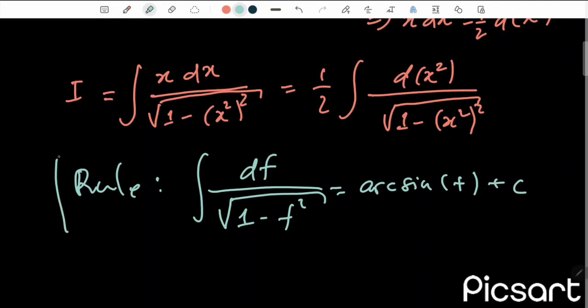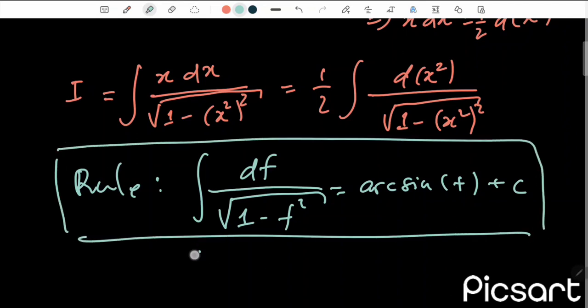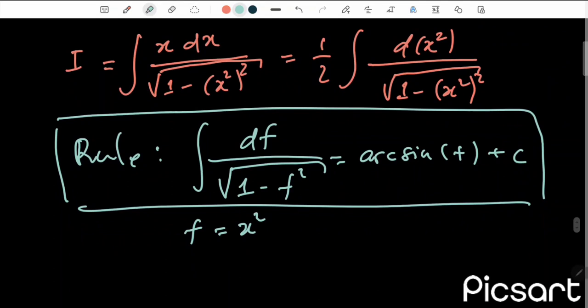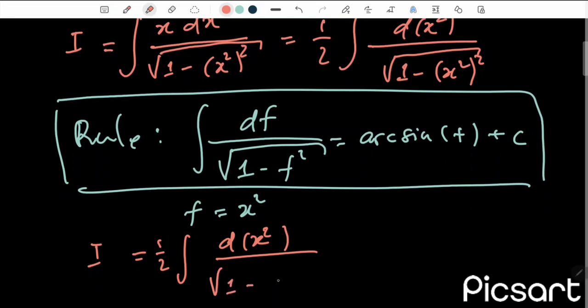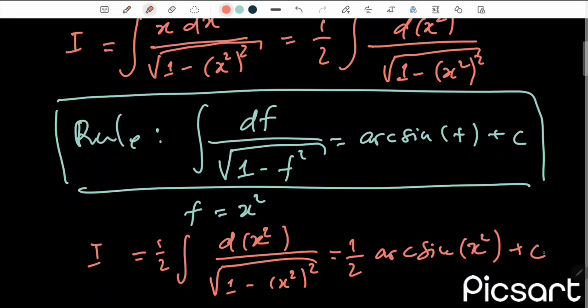And for our exercise, our f function is equal to x squared, and we can apply this rule to get the solution written as I equal to 1/2 integral of d of x squared over the square root of 1 minus x squared, and the solution is 1/2 arcsine of x squared plus c.